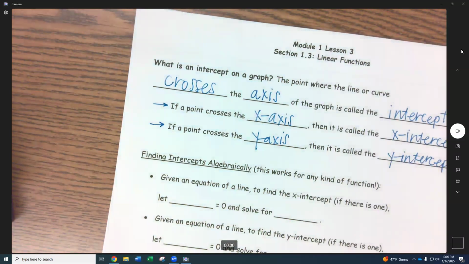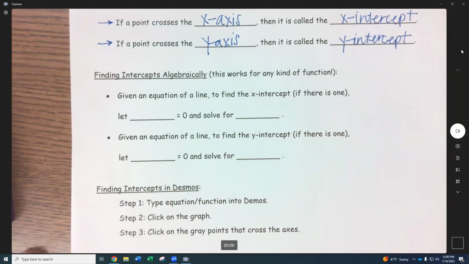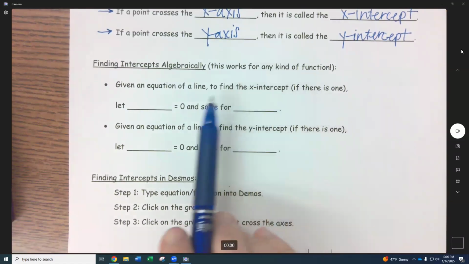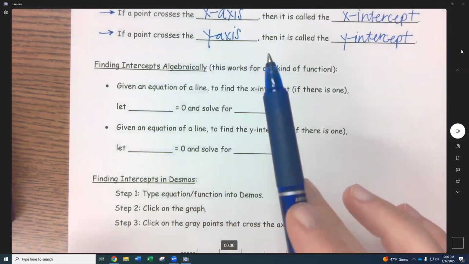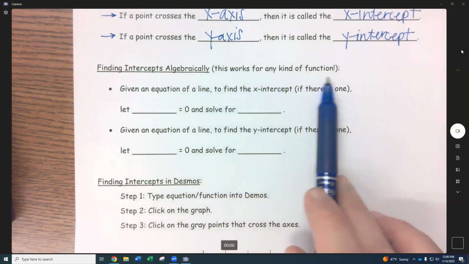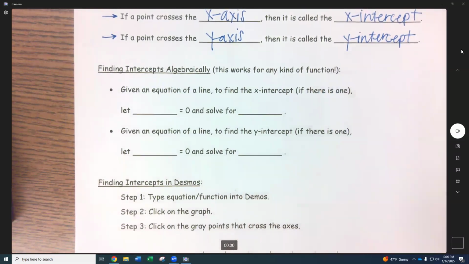Okay. So now that we know what intercepts are, how do we find these algebraically? We're focusing on linear functions in this section, but I do want to make note that this is going to work for any kind of function. So when we go on to module 2, we talk about quadratics, and we go on to exponentials and logs and cubics and quartics.